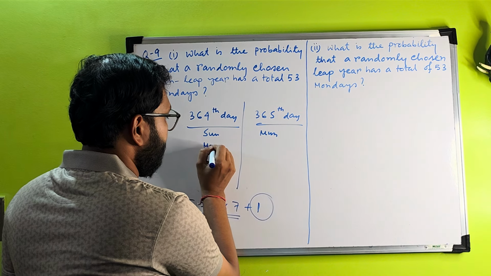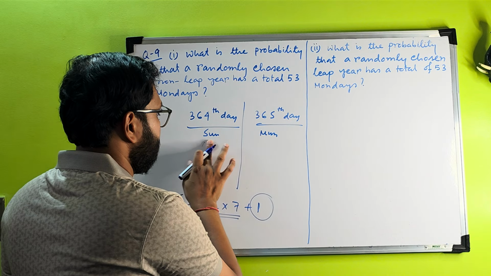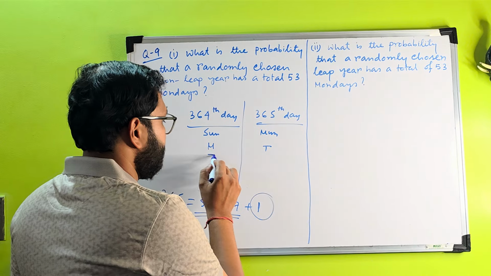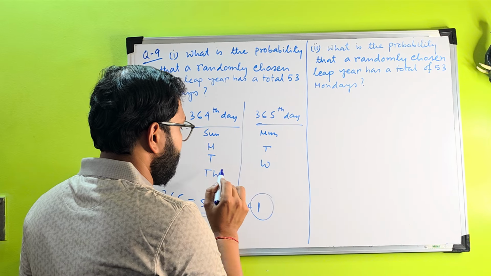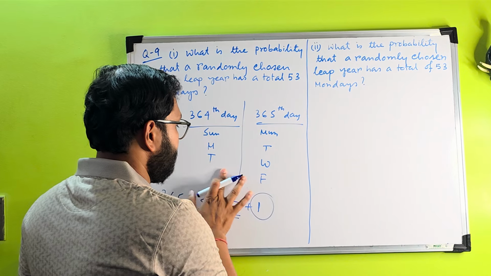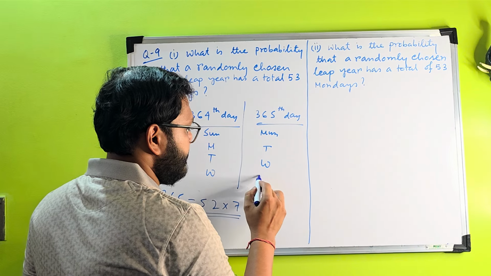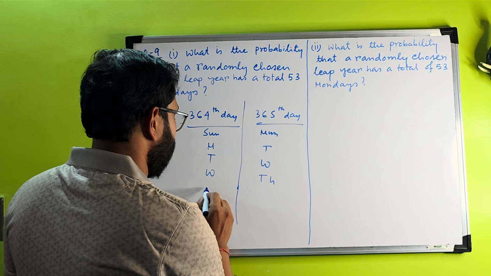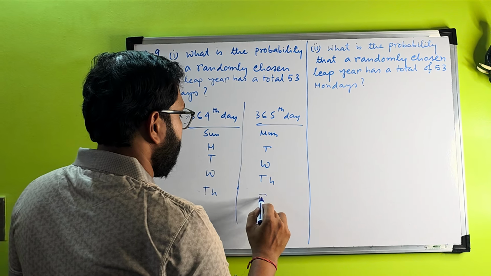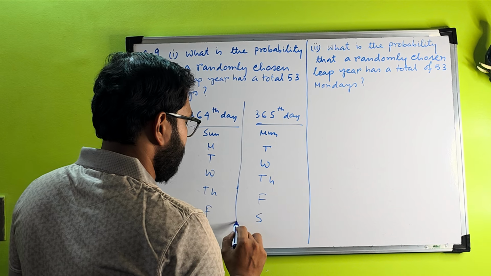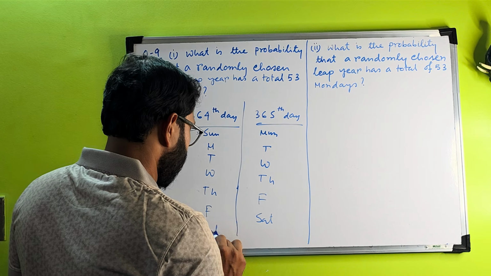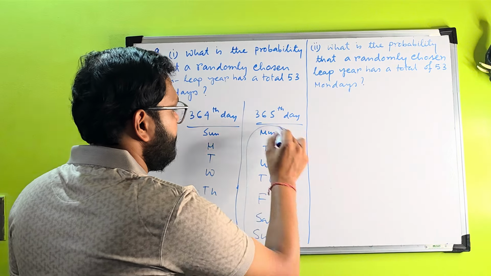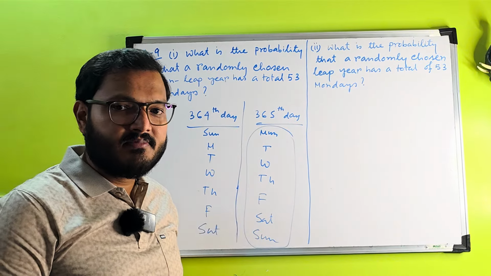If it is Monday, it will be Tuesday. If it is Tuesday, it will be Wednesday. If it is Wednesday, it will be Thursday. If it's Thursday, it will be Friday. If it's Friday, it will be Saturday. If it is Saturday, it will be Sunday.